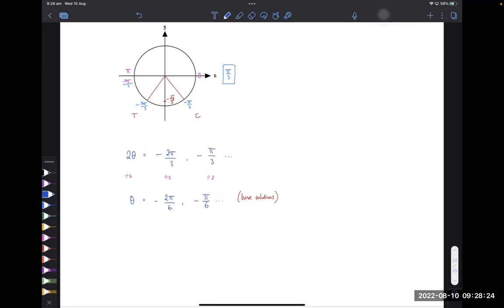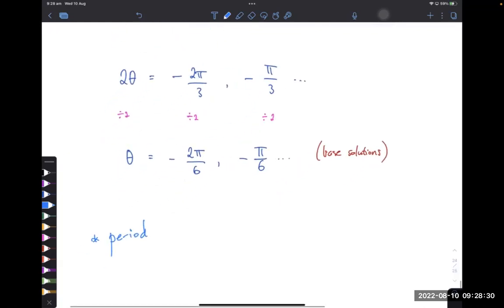What's our period then? Dividing is the same as multiplying in the denominator. So I've just multiplied the denominator by 2.